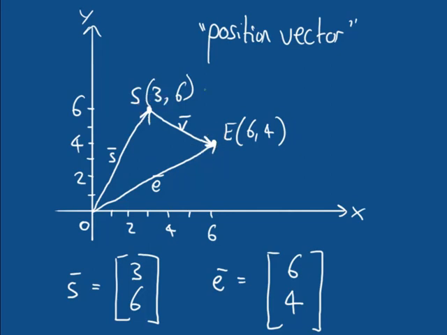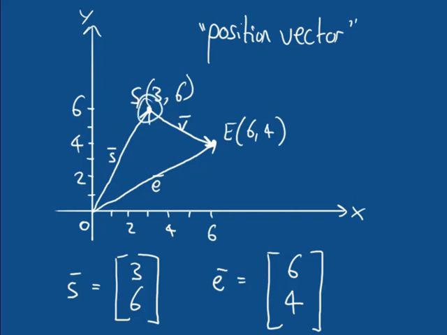What if, and we've seen this when we were adding and subtracting vectors, I started at this point and travelled down to the origin, and then travelled back up from the origin to point E? If we did that, we'd still be starting at this point and ending at this point. So how can I express that in terms of S and E?